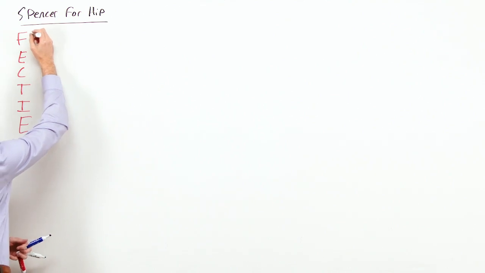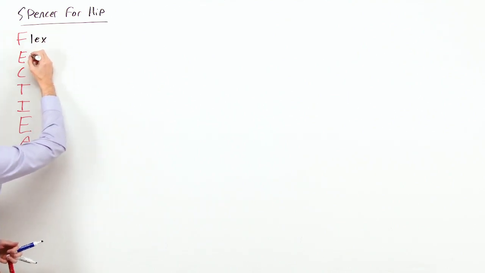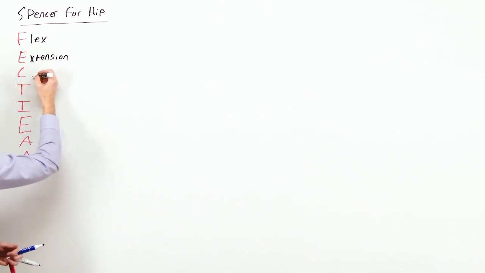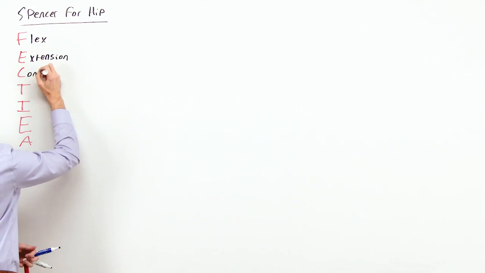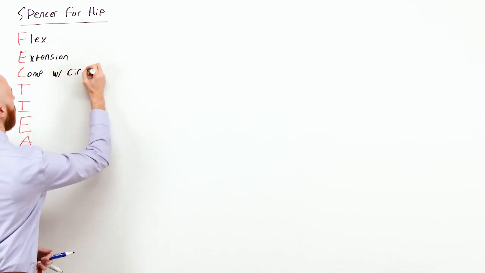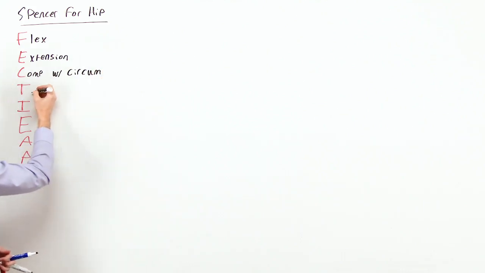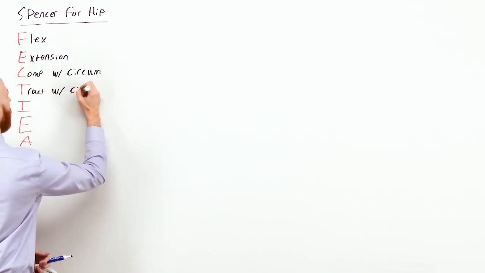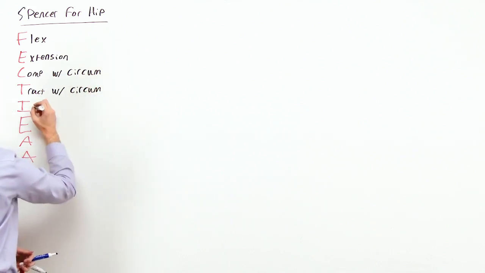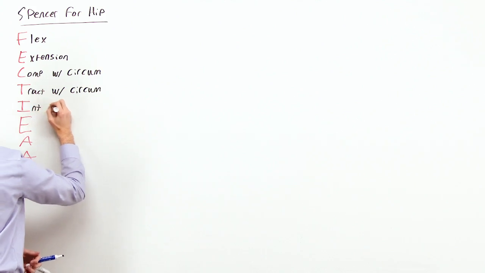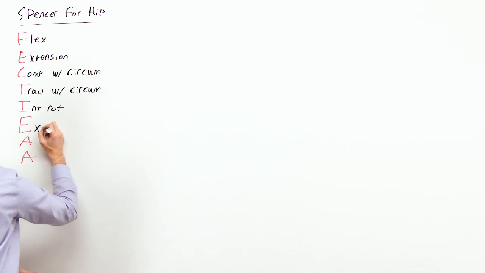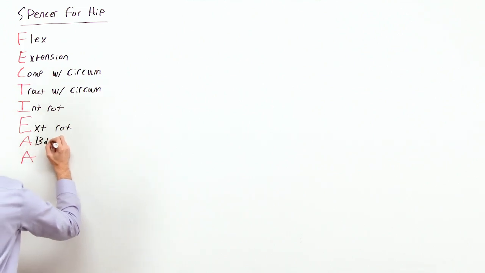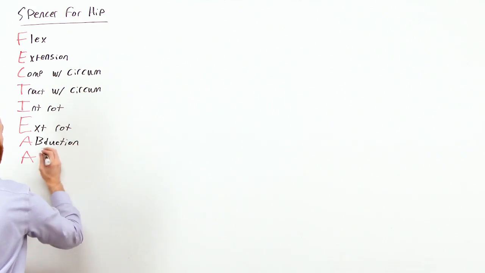So the first one is flexion barrier, then you have extension, then you have compression with circumduction, then you have traction with circumduction, then you have internal rotation, external rotation, abduction, and then adduction.